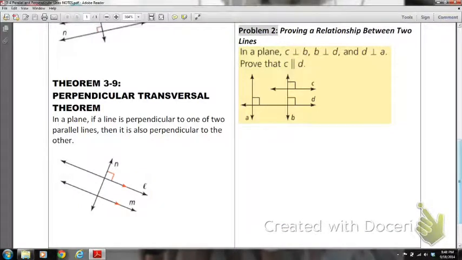In problem 2, we're proving a relationship between two lines.